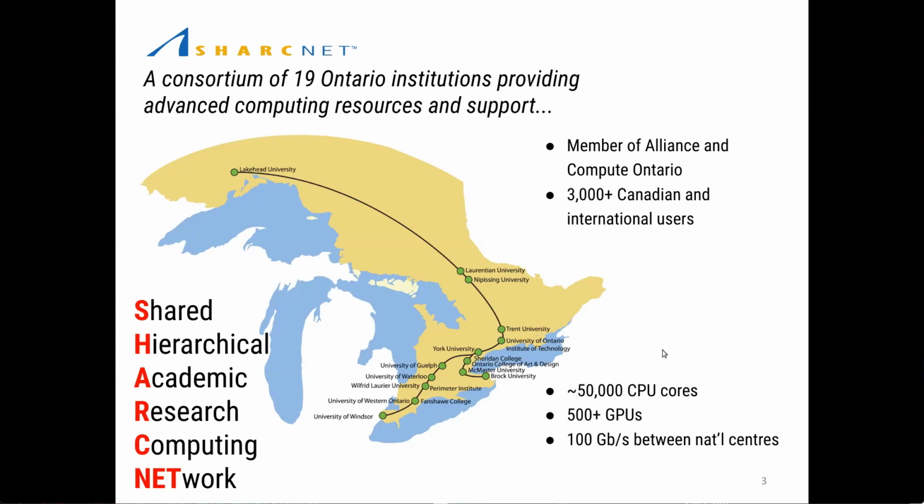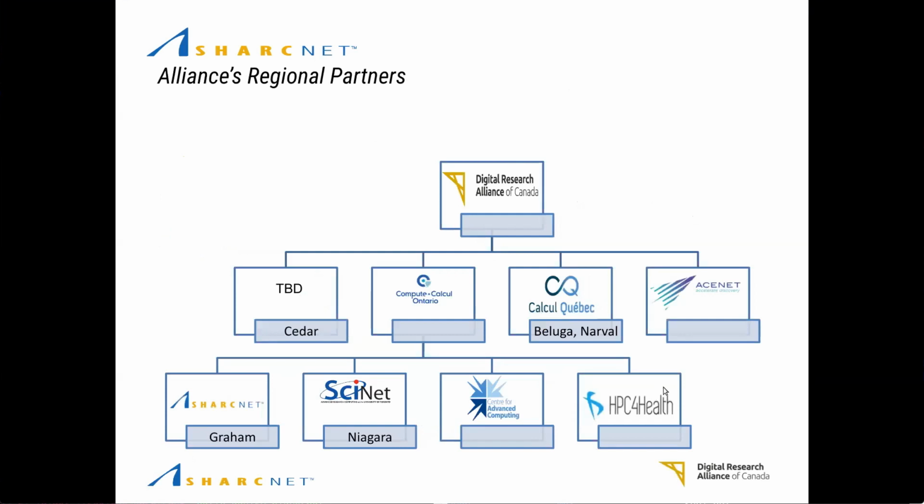Between the main sites, a 10 gigabit network is available that allows data to be transferred at a high speed. This gives you an organizational structure across the country.